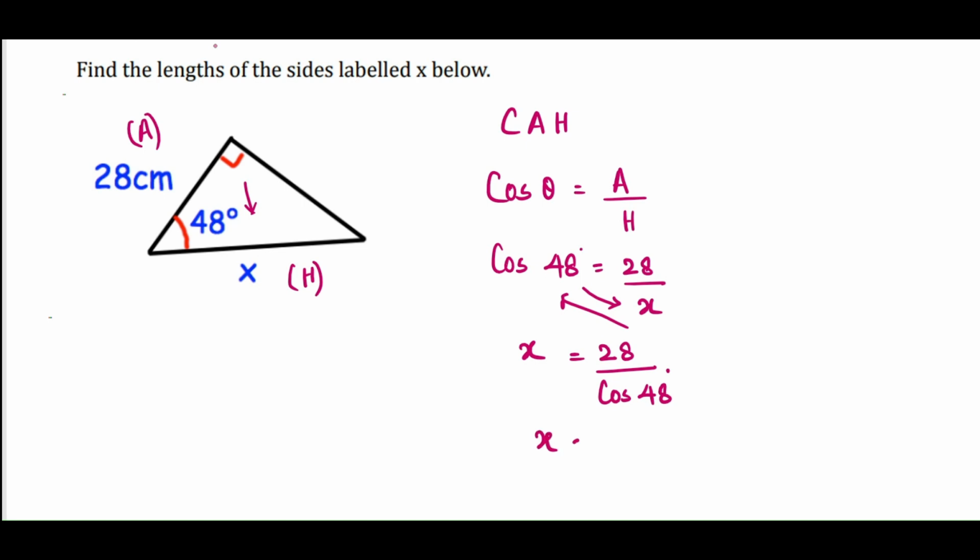This gives us x is equal to 41.84534. So x is equal to 41.85 centimeters to 2 decimal places.